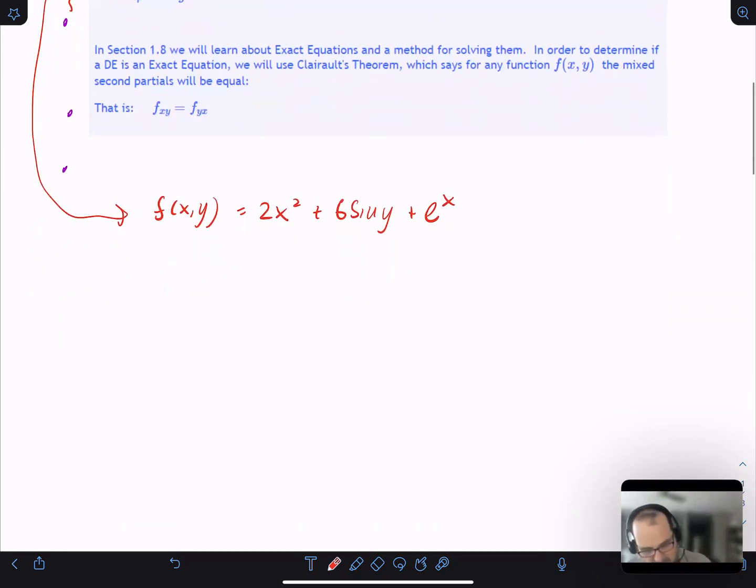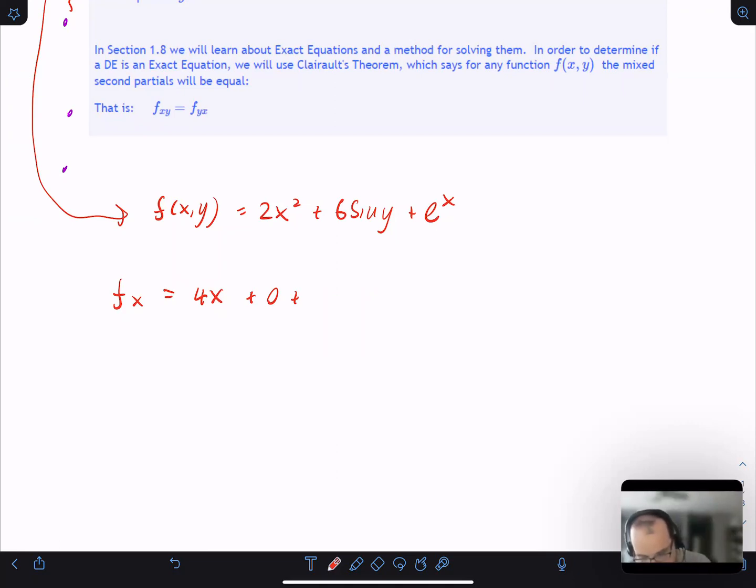So on the one hand, we can think about what is f sub x. So what is the partial derivative of this with respect to x? Let's go through this term by term. The derivative with respect to x of 2x squared would be 4x. What is the partial derivative of 6 sine y with respect to x? Well, with respect to x, 6 sine y is a constant, so that is just a 0. And then we have, I'm sorry, not e to the x.